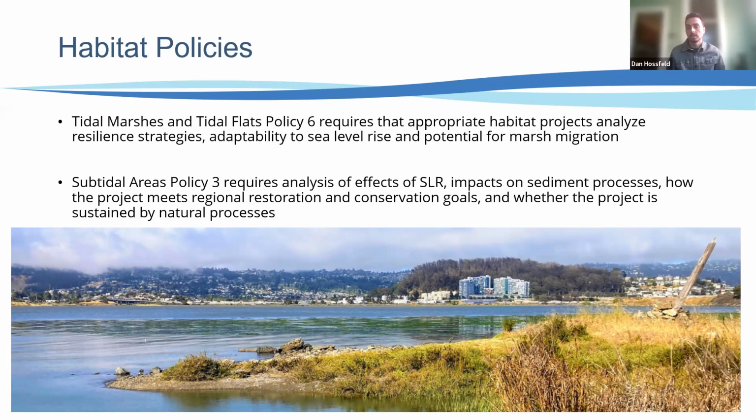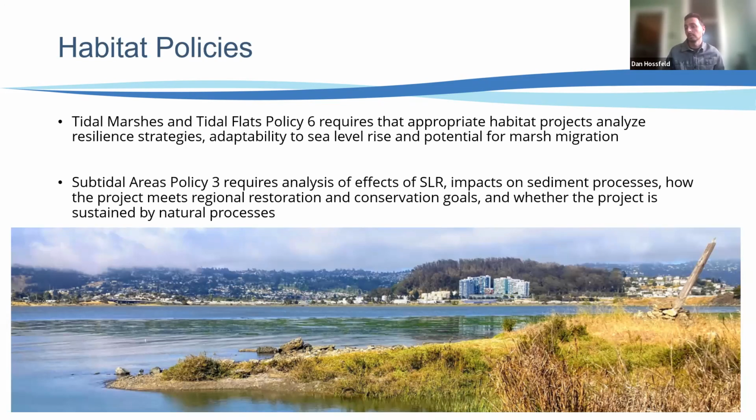It goes on to provide what specific analysis should be done, including assessments of the adaptive capacity of the project, the impact of the project on the Bay's sediment transport, localized erosion, tidal flows, and buffers between developments and habitats. And here, Subtidal Areas Policy 3 is very similar in its requirements, but obviously for subtidal projects.